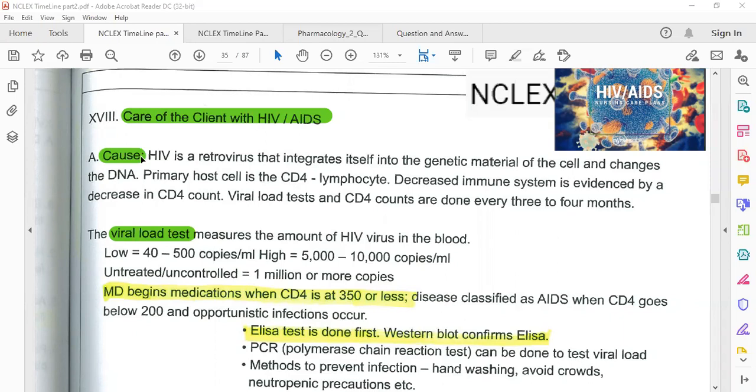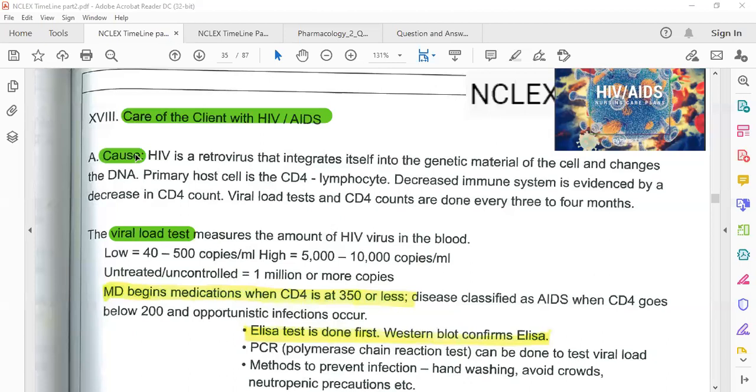What are the risk factors, or what are the underlying causes? The risk factors of HIV: unprotected sex, multiple sex partners, or perinatal exposure. What does it mean?